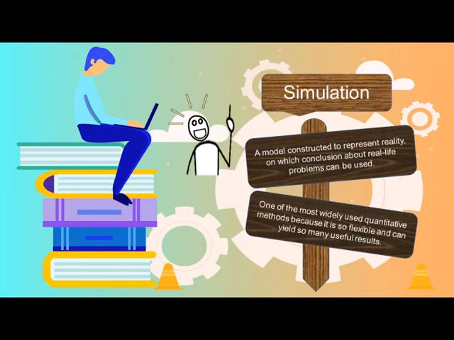For simulation, it is a model constructed to represent reality, on which conclusions about real-life problems can be based. It is also one of the most widely used quantitative methods because it is so flexible and can yield so many useful results.